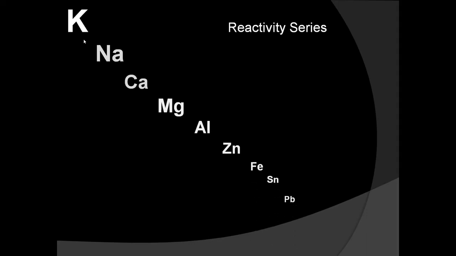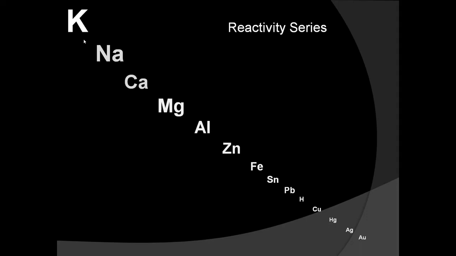Here the first reactive element is potassium. Second is sodium. Third is calcium. Fourth is magnesium. Fifth is aluminium. Sixth, zinc. Then iron, then tin, then lead, then hydrogen, then copper, then mercury, then silver, then gold.